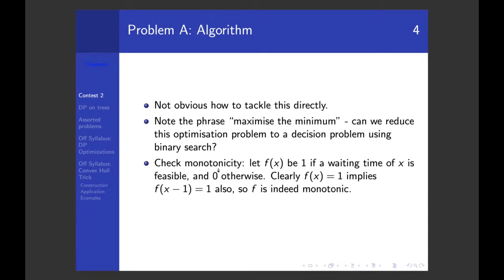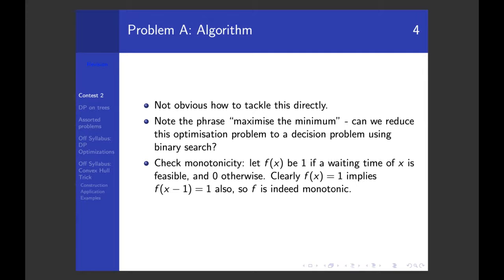I guess check monotonicity. Let f of x be true if a waiting time of x is feasible, and 0 if it's not. Well, if you can wait a minimum of 10 minutes in every place, that implies you can wait 9 minutes, because waiting for 9 minutes is included in waiting for 10 minutes.